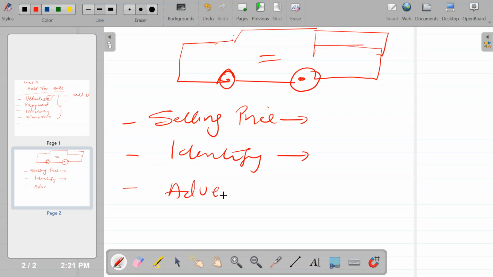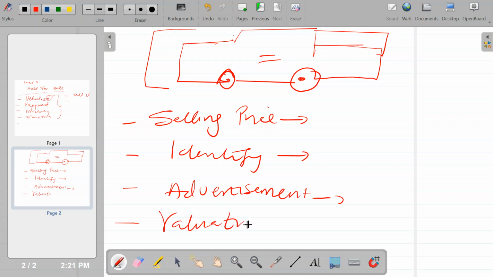They have to advertise the sale so that they can get buyers. And sometimes they need to do a valuation of the asset. They have to value the asset to know the market value at the time of sale. So all these exercises, the company has to do them when they want to sell the assets.